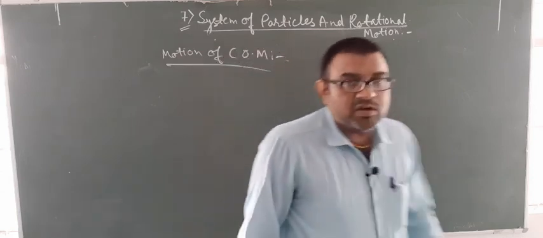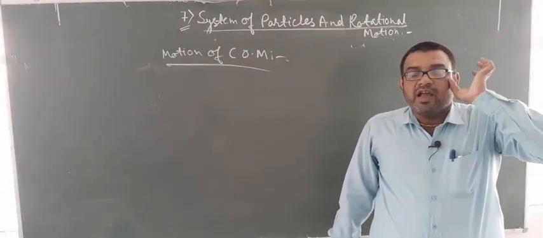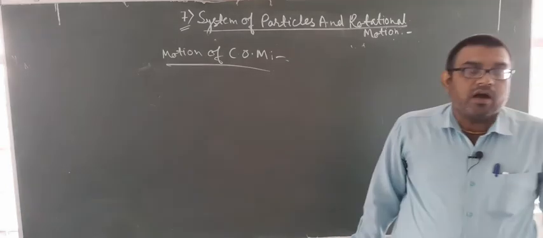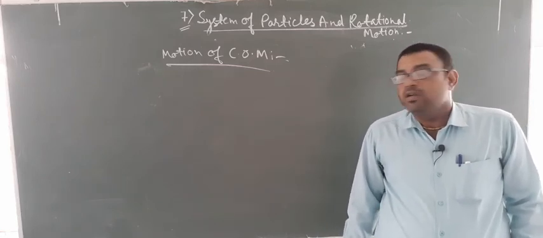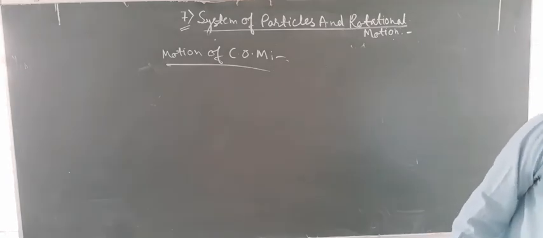What is the meaning of motion of center of mass? It means if a force is applied on the body and the body is moving, how is the center of mass affected by that force. So we will calculate the motion of the center of mass.